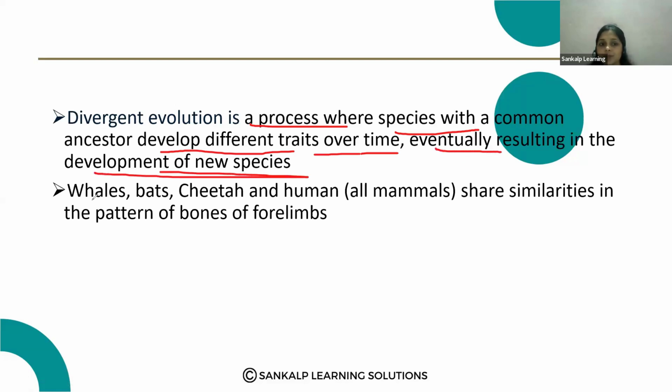For example, whales, bats, and cheetahs have similar anatomical features, meaning they evolved from the same ancestor, but now they perform different functions. That is the example.